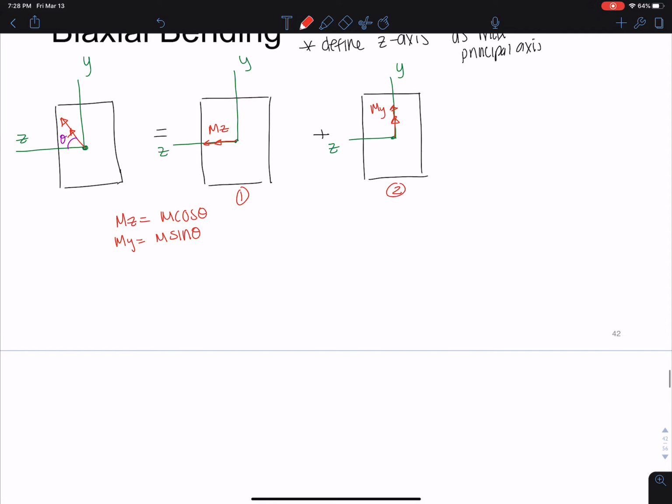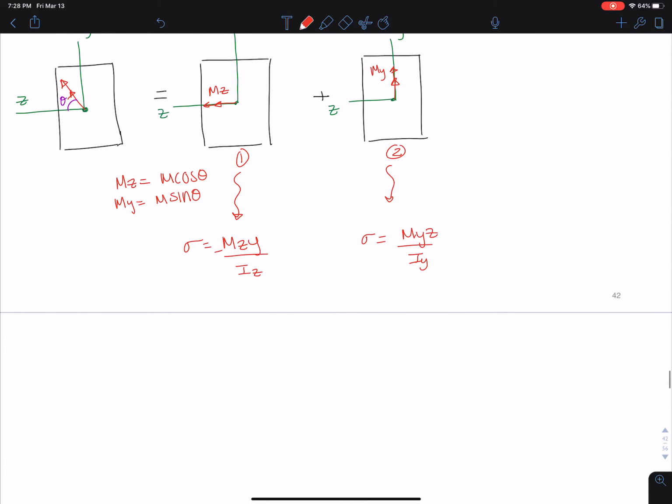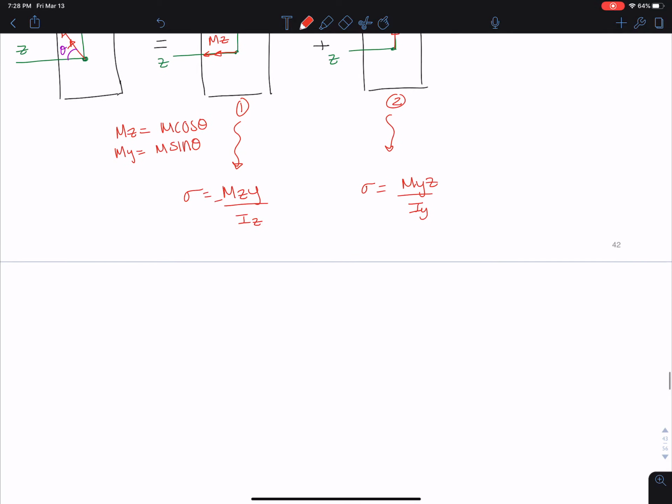And we know that bending moment causes normal stress. So for 1 here, I would have sigma equals Mz y over Iz. This is negative. And here I'd have sigma equals My z over Iy. This is negative because it's the left. This is positive because it's up. And then here, same as before, I'm going to add the two.